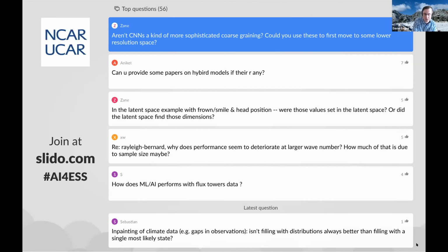I believe there's also a paper by Stephan Hoyer and other colleagues at Google that was looking at ways to learn a coarse graining approach that still tried to approximate the statistics of the system they were trying to model, and they had some success with that. If you search around, you might be able to find that paper.